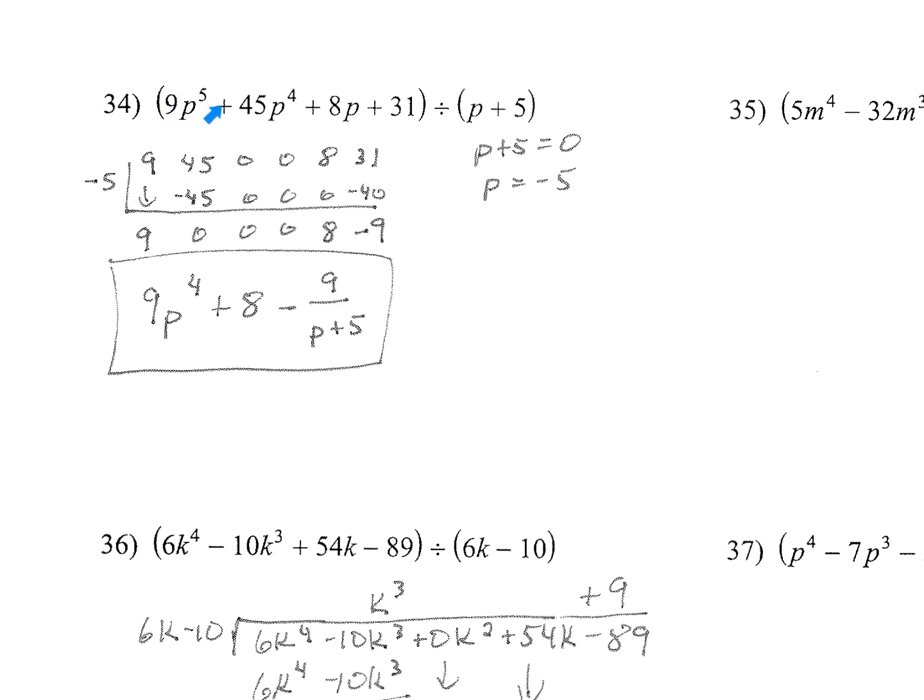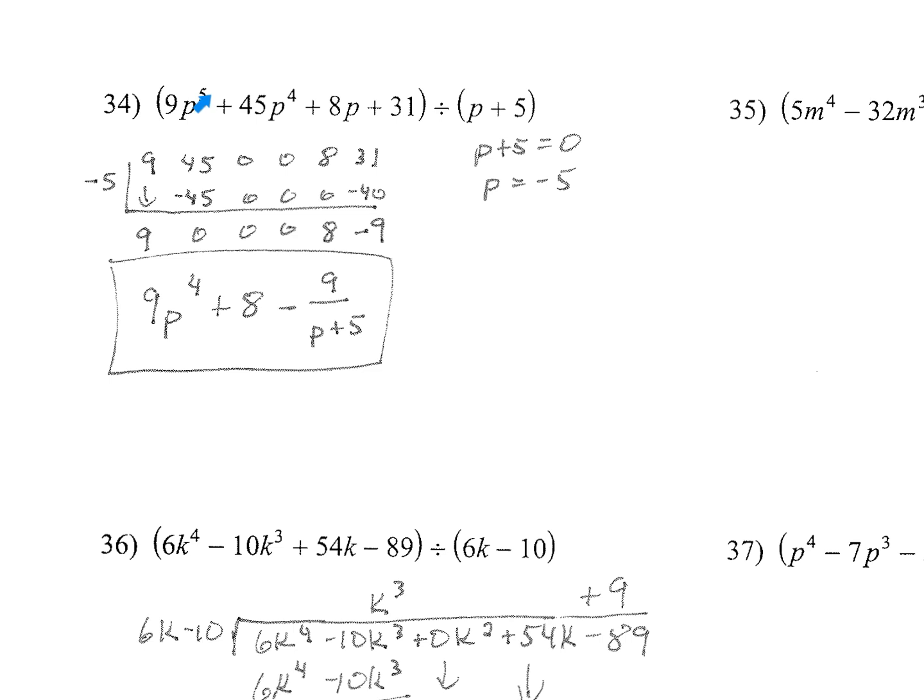Okay, 9p to the fifth plus 45p to the fourth plus 8p plus 31 is all being divided by p plus 5, all right? If you set p plus 5 equal to 0, then p is equal to -5, and that's what we use with our synthetic division. You set that up, -5, and then you write all of the coefficients.